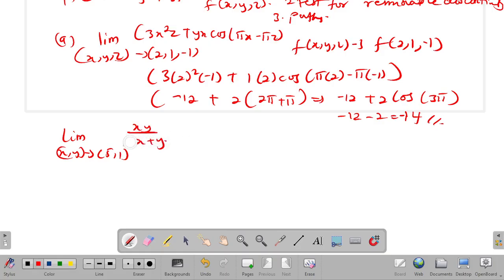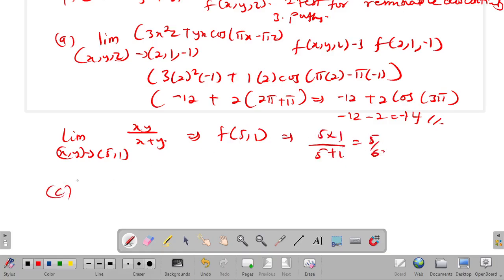Good. To solve this problem, you ask yourself, is this function continuous here? Obviously, yes. When I put 5 and 1 into this function, it won't be undefined. Therefore, my limit value is the same as my functional value. So I put 5, comma 1 into my argument, and I'll simply have 5 times 1 over 5 plus 1, giving me 5 out of 6, and that is all.